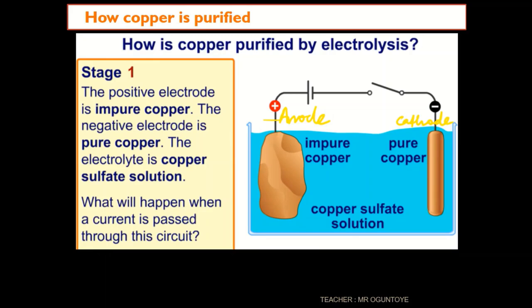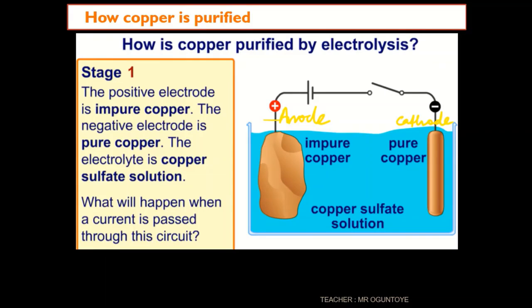Of course, you want your copper pure, and so you won't put your pure copper at the positive electrode, because copper is a positive ion, and of course you know that positive ions will migrate towards the negative electrode.